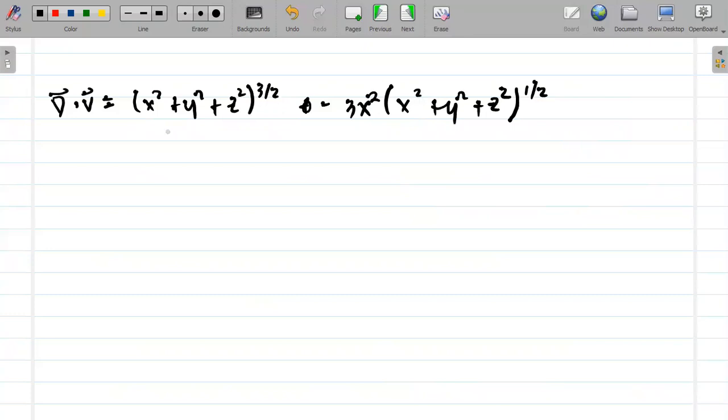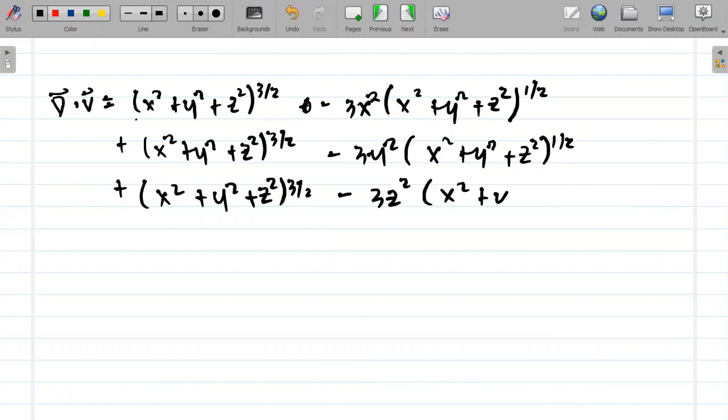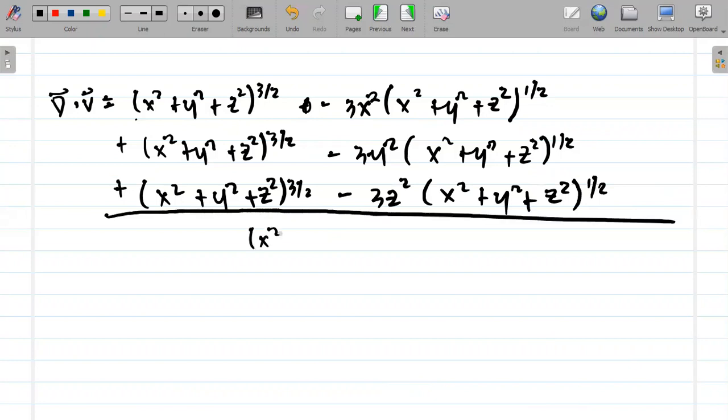Over something, plus the second term: minus 3y squared times x squared plus y squared plus z squared to the 1/2. Hindi ko muna nilalagay yung denominator kasi common naman yon. Then x squared plus y squared plus z squared to the 3/2 minus 3z squared times x squared plus y squared plus z squared to the 1/2, all over the denominator, x squared plus y squared plus z squared. Tama ba?